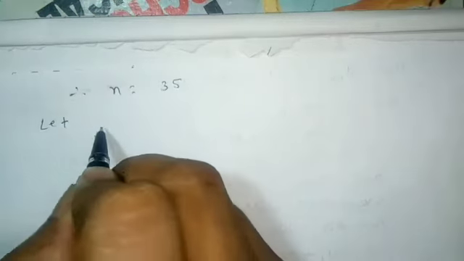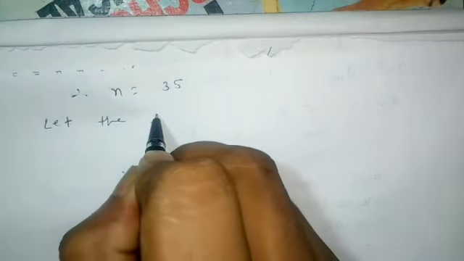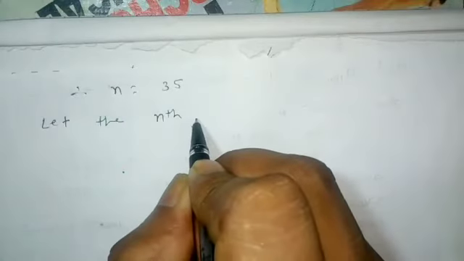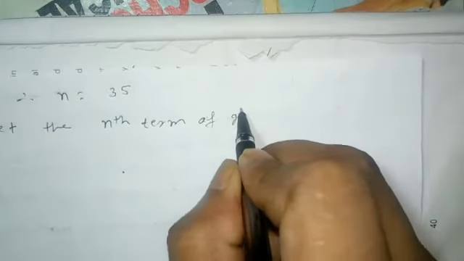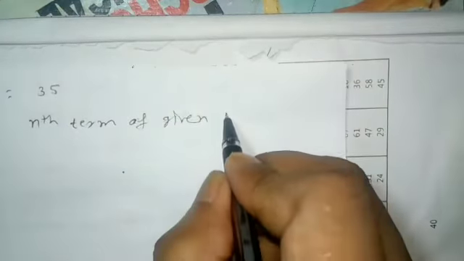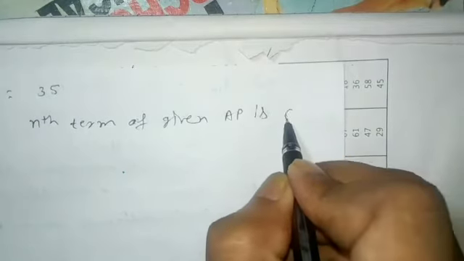Now again, the question is asking whether any term is 0. So we have to let the nth term of the given AP be 0.